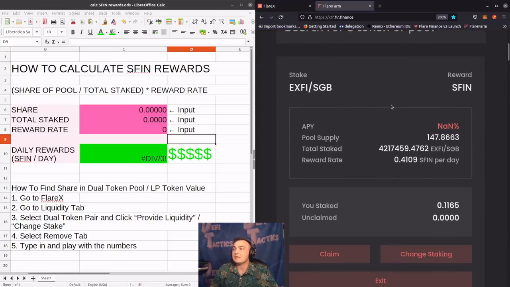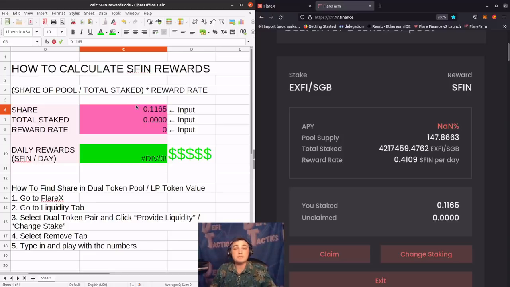So on the right-hand side, let's scroll down and use this EXFI Songbird pool on the FlareFarm as an example. Our share, which right now is listed at 0.1165 liquidity pool tokens staked in this farm pool, and then the total staked value, the amount of total liquidity pool tokens staked in this farm pool, is 4217459.4762.